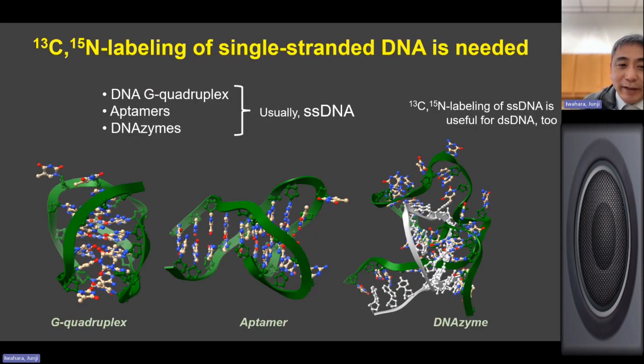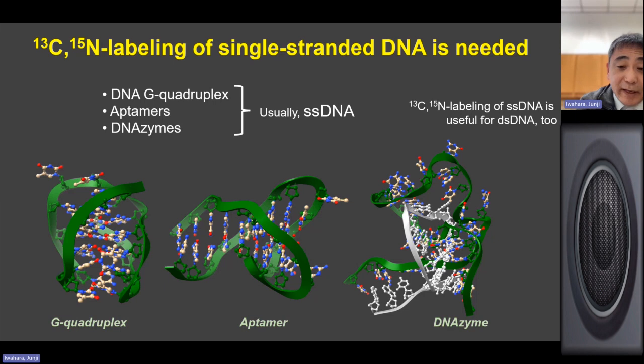So we really need a better method for carbon-13 and nitrogen-15 labeling of single-stranded DNA, because many important non-canonical DNA structures are single-stranded. For example, G quadruplex is one example. Another example is the i-motif.